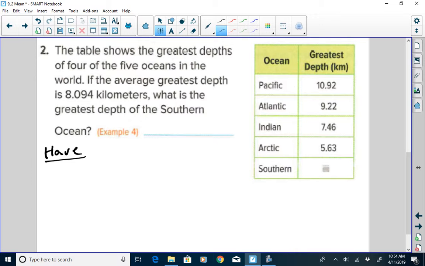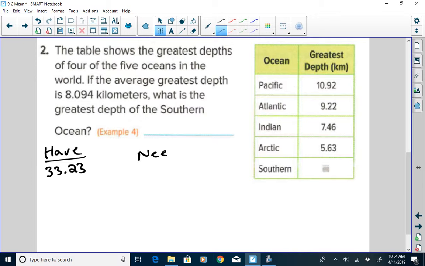So we have 10.992 plus 9.22 plus 7.46 plus 5.63. All right, so we have a total of 33.23.